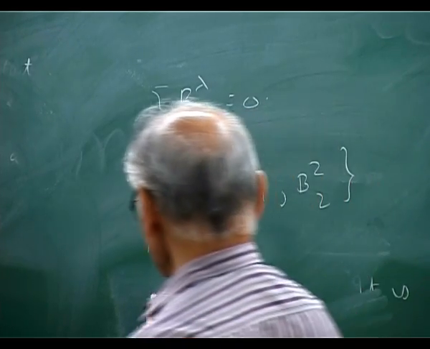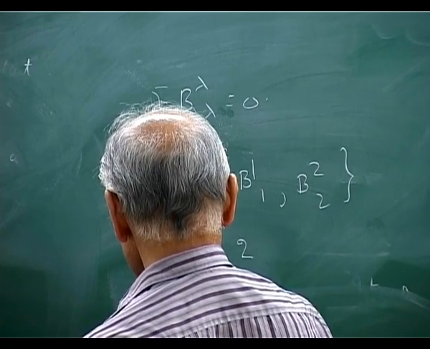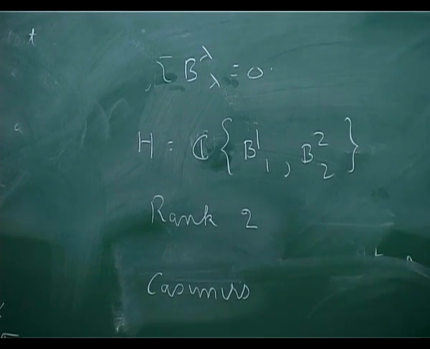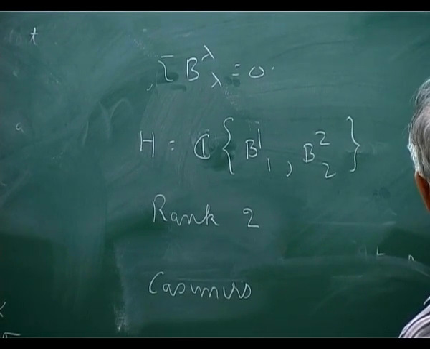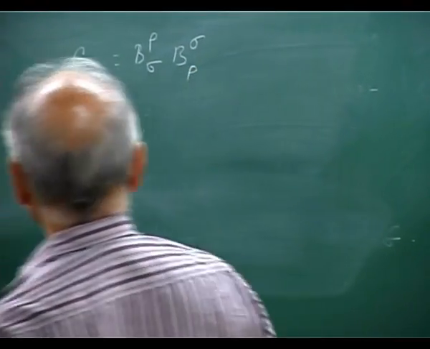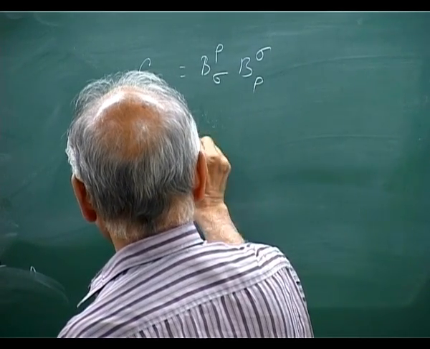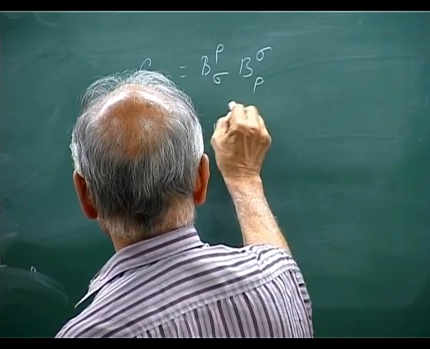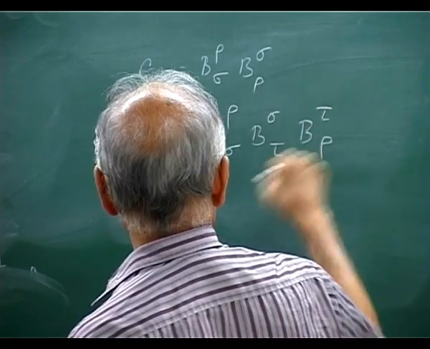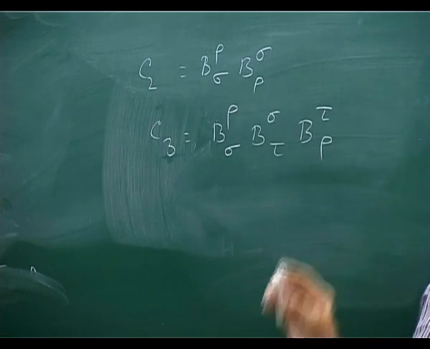So the Casimirs, there are 2 Casimirs. One is C2, which is B_rho^sigma B_sigma^rho. The second one is C3, which is, say, B_rho^sigma B_sigma^tau B_tau^rho. The rest are dependent on the previous ones.